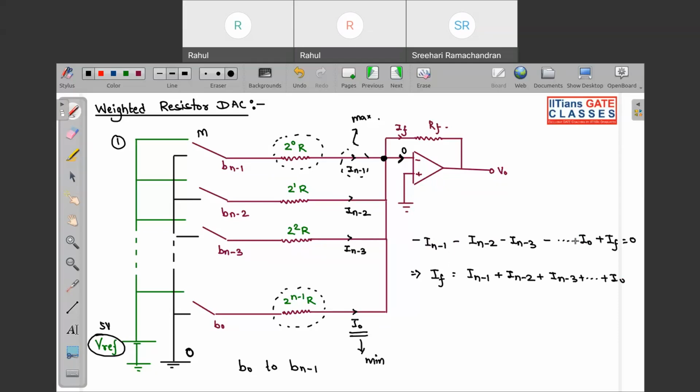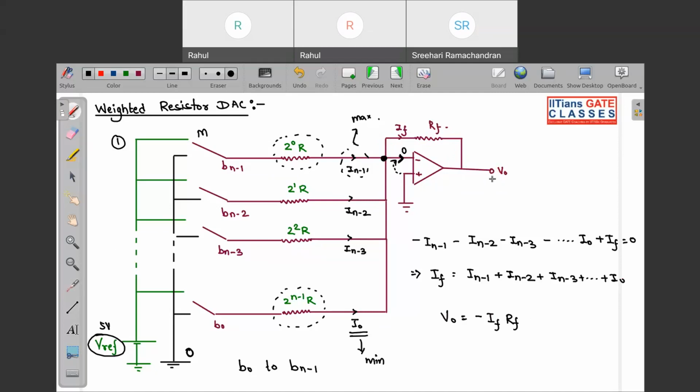Now we can apply KVL in this loop, starting from here to here. According to the virtual ground concept, this will also be 0. So V naught is equal to minus If Rf, because we are moving from here.